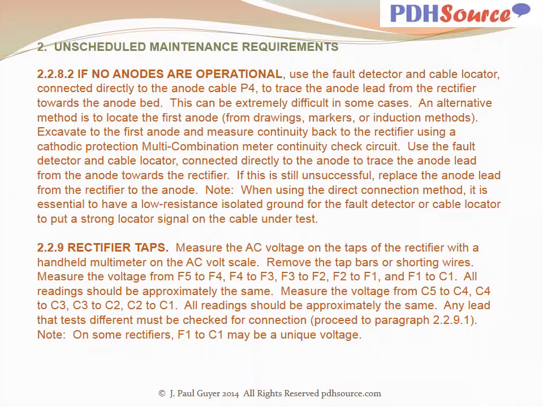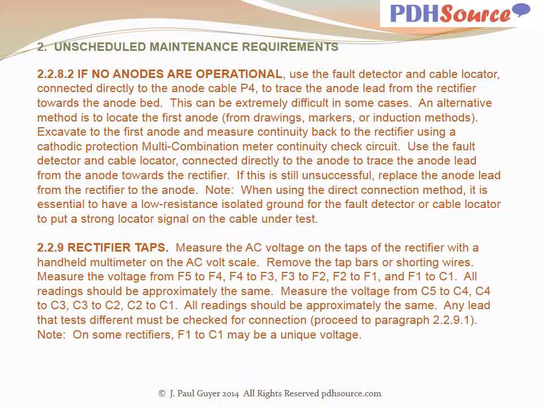If no anodes are operational, use the fault detector and cable locator connected directly to the anode cable P4 to trace the anode lead from the rectifier towards the anode bed. This can be extremely difficult in some cases.